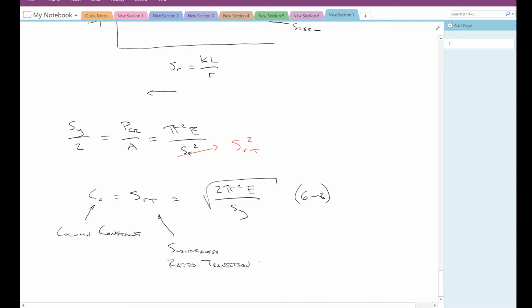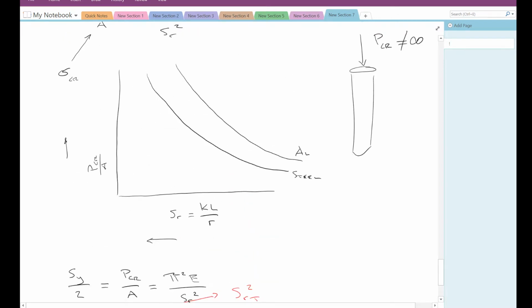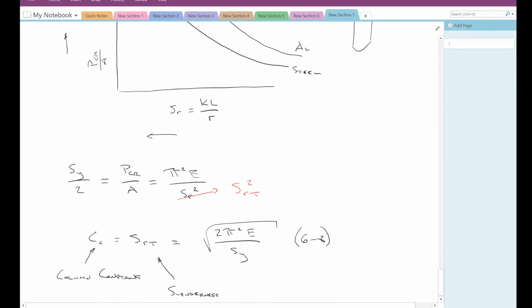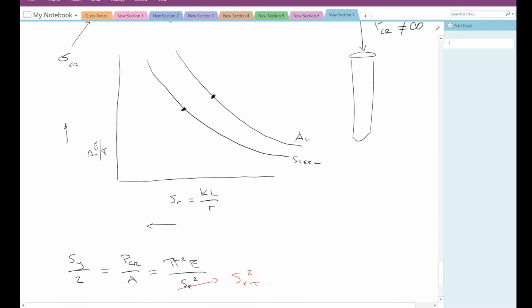So if we go back up to this graph, and maybe that point for steel is right here, and maybe that point for aluminum is right here. Again, it's based on the material properties, the modulus of elasticity. And we draw a vertical line at that point.